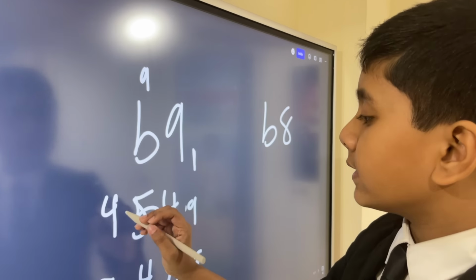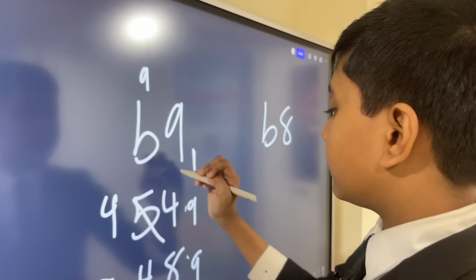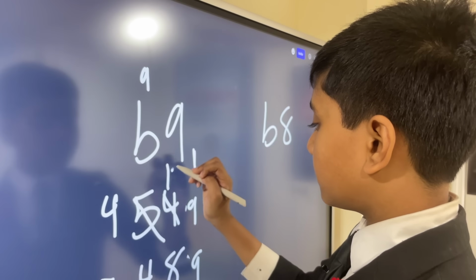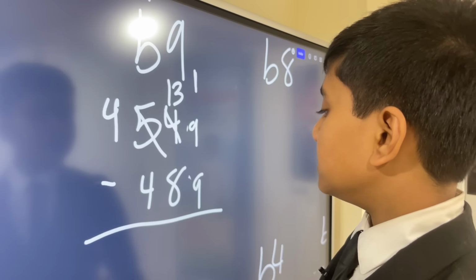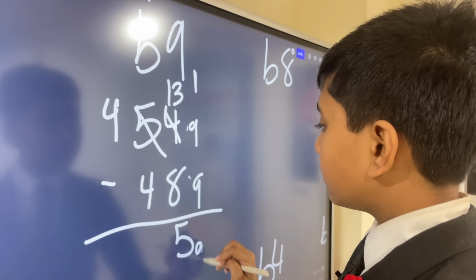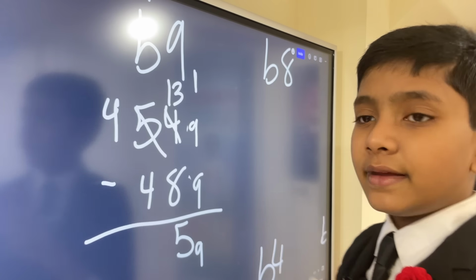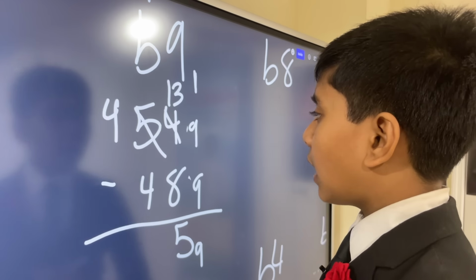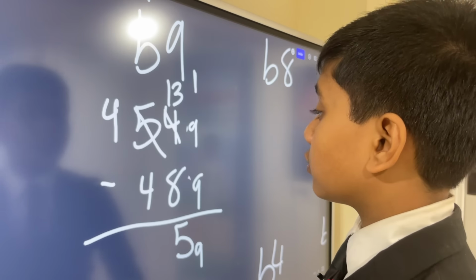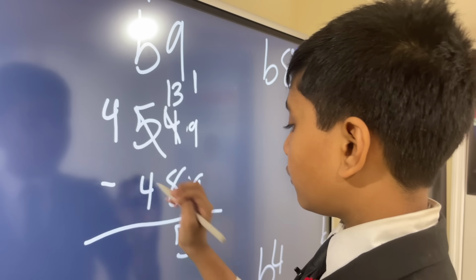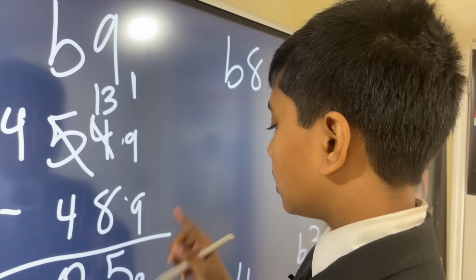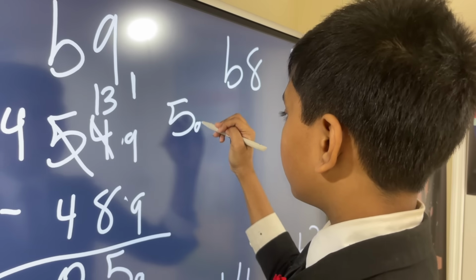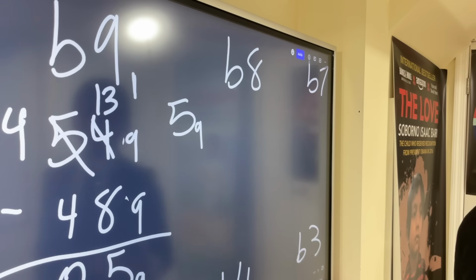So once we take 1 9 off that, we're going to add 9 to this 4. That's going to make it 13. 13 minus 8 is 5. Now, not literally 13 if you wanted to be technical, but that's how we're going to write it for ease. And 4 minus 4 is just 0. So we have 5, base 9, as our answer.